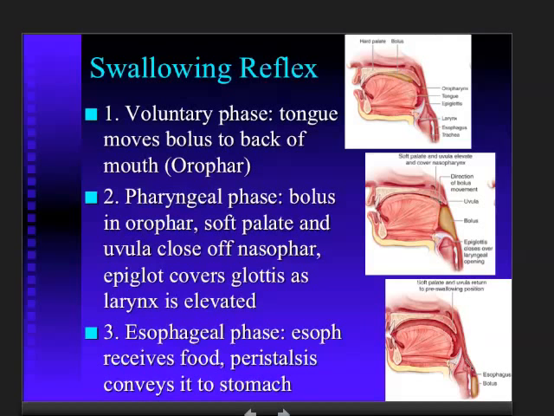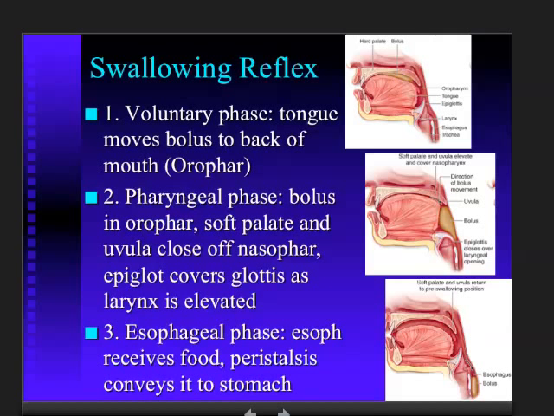Part of the function of the mucus produced by your salivary glands is to form a nice bolus, a nice ball of food. And in the voluntary phase, the tongue moves it back into the oropharynx. When it presents to the oropharynx, the walls of the oropharynx are skeletal muscle, and they begin to help to move that food through a reflex.